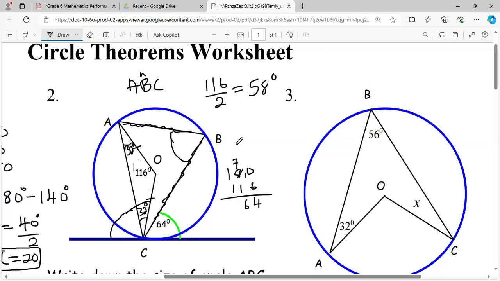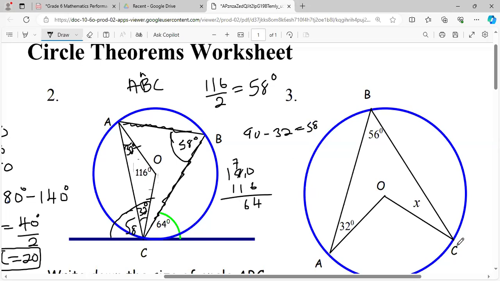Anybody can tell me? Angle between radius and tangent: 90 degrees. So if we say 90 minus 32, that will give you the 58, right? And this angle right here is equal to this one right here. So there's more than one way that we could have looked at it.